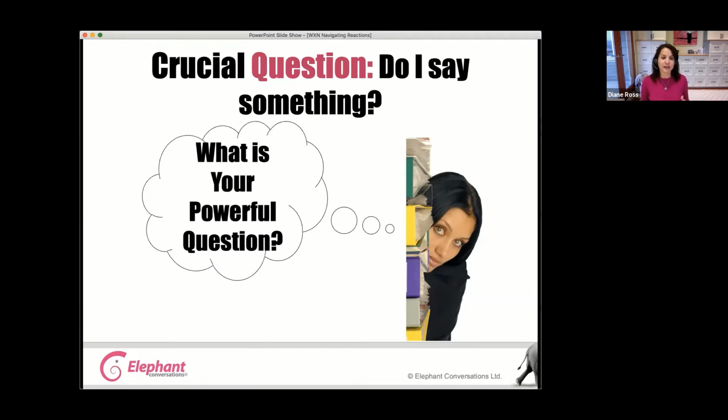It could even be something like, is this aligned with my values? There are so many different questions, but the one that really resonates for me, that I come back to again and again, is, if I look down the road, am I going to regret not saying something?